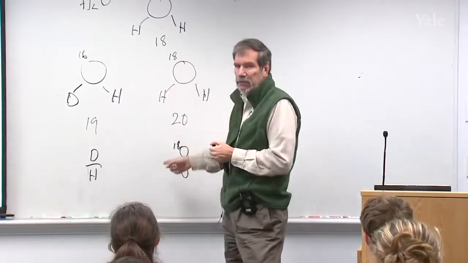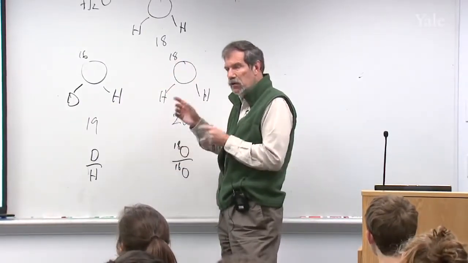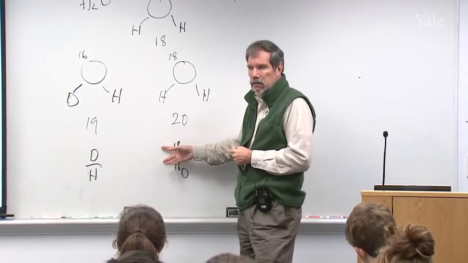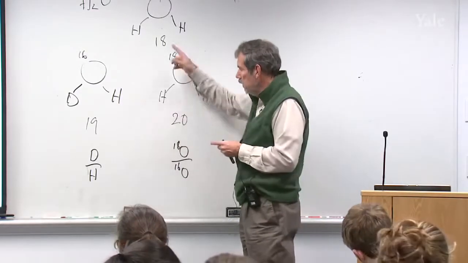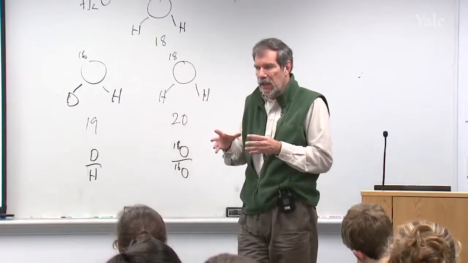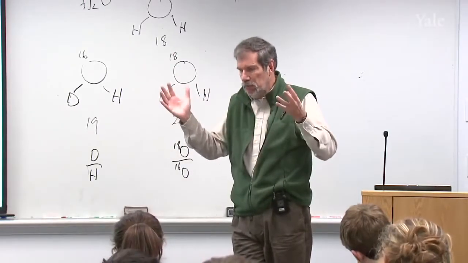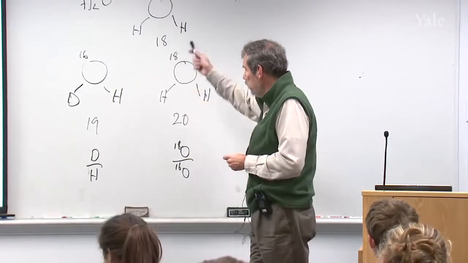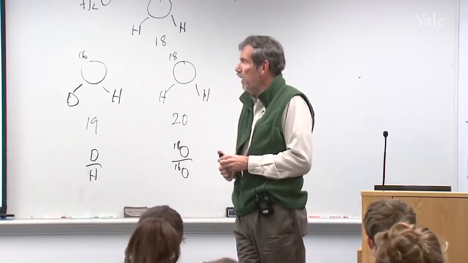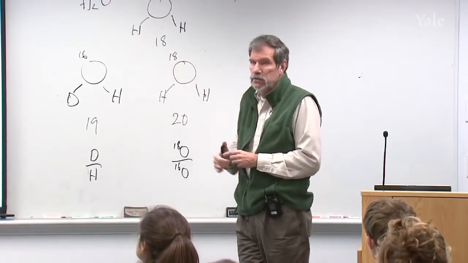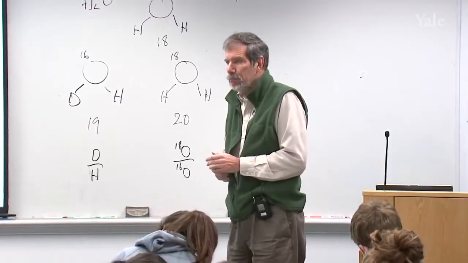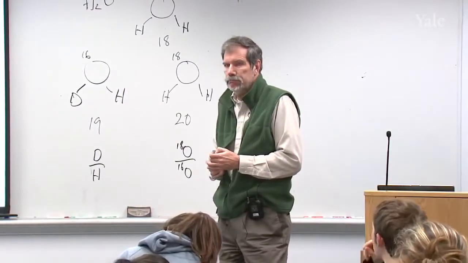These are called stable isotopes because they remain. They don't have any natural decay. They just exist in these different mass forms, and they persist over millions and billions of years. So these are the stable isotopes. In this case, I would call these the stable isotopes of water, which is what I've labeled this slide. Any questions on that?